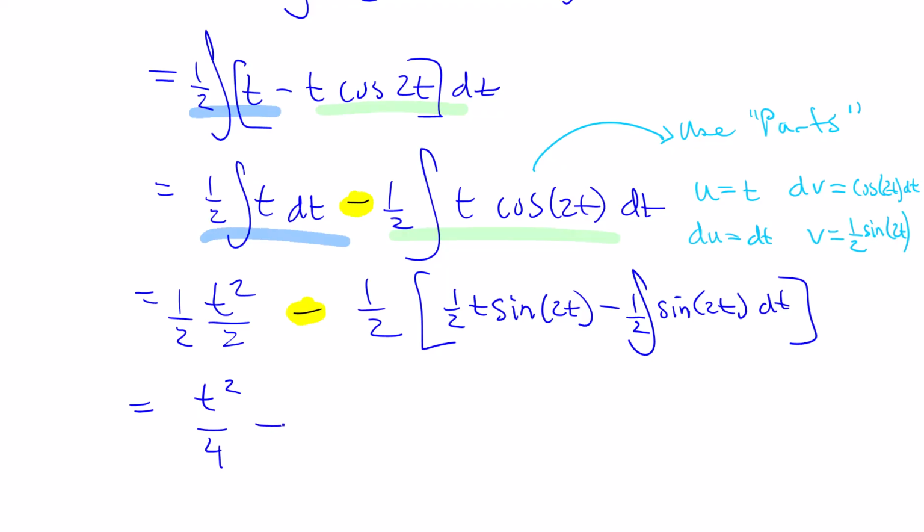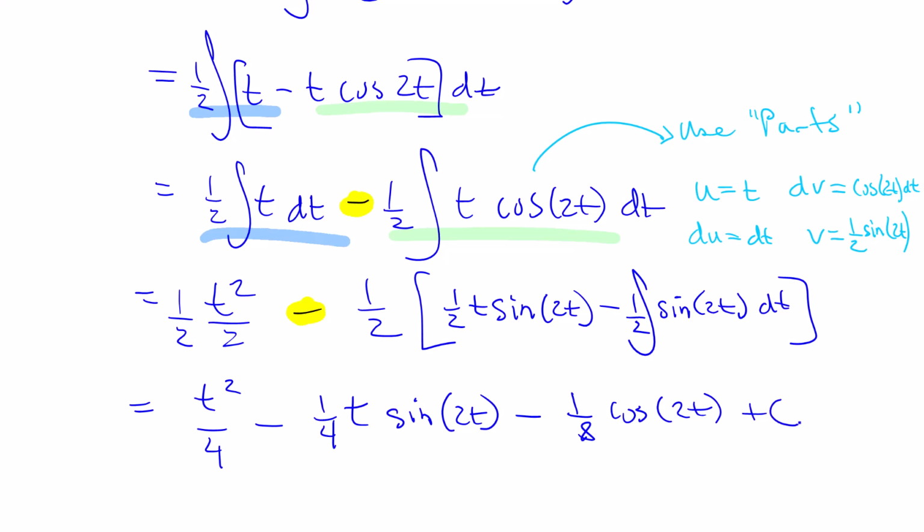And then minus 1/4 t times the sine of 2t, and that is mainly just this second term here. And then lastly, we have to do another antiderivative to get this last integral taken care of. But I believe that should end us up with minus 1/8 cosine of 2t. And then, of course, we need a plus C because this is an indefinite integral.